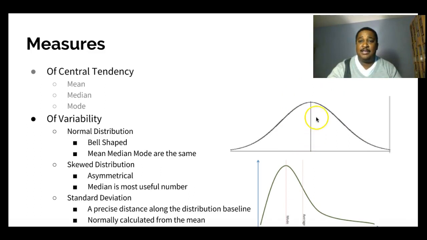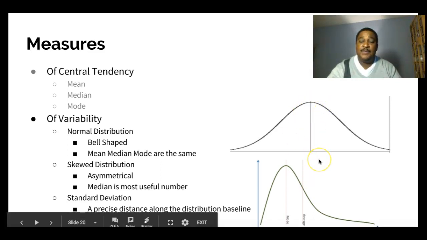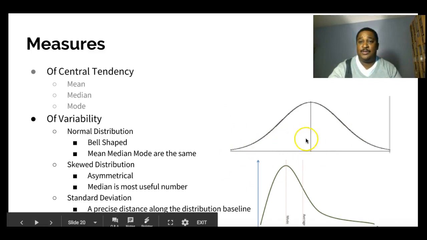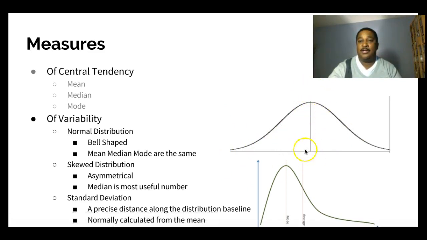The mean is the average. The median is the number exactly in the middle. And the mode is the number that appears most often. So in a standard normal distribution, which is what this is here, the mean, the median, and the mode are all equal. Okay? That's all the same number.